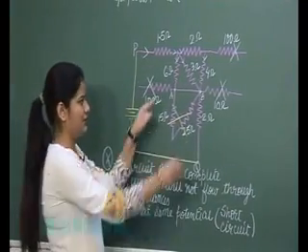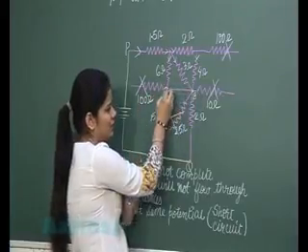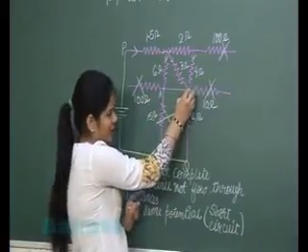So student, these 2 points are connected with a connecting wire, and hence student, these 2 have been short circuited.